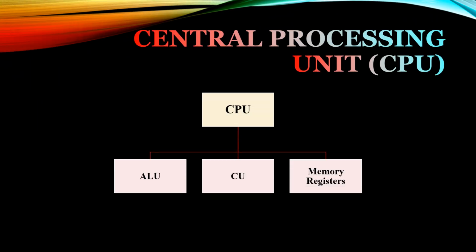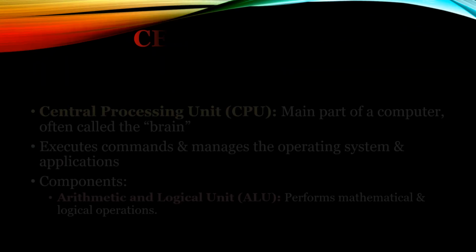Next we are going to talk about the Central Processing Unit or CPU. It is the brain of the computer. It processes all instructions and manages both the operating system and software. The CPU has three main components: ALU, CU, and memory registers.